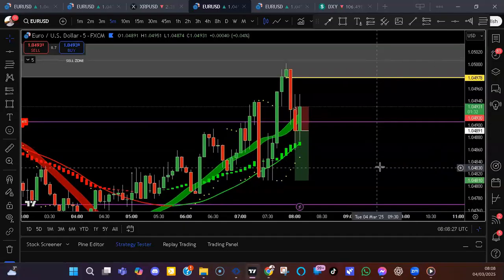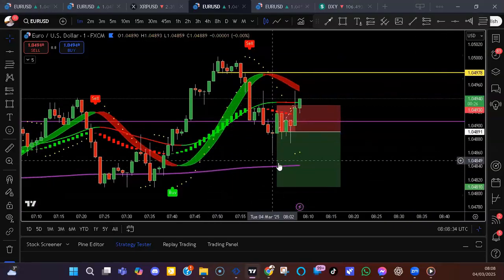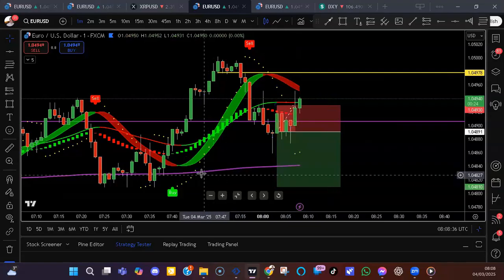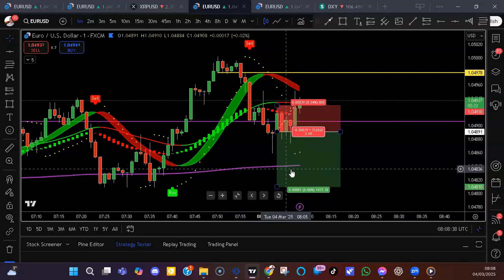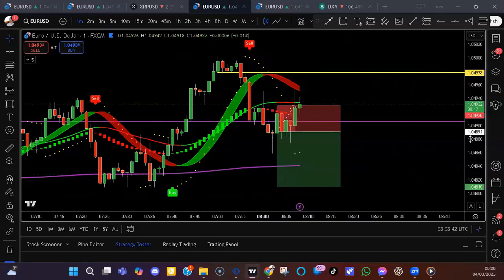That's unfortunate. I was hoping price would come down to meet these, at least the purple line, revisit this area down here, but it wasn't to be.